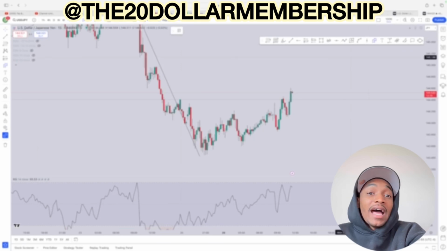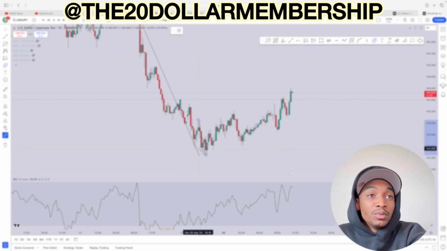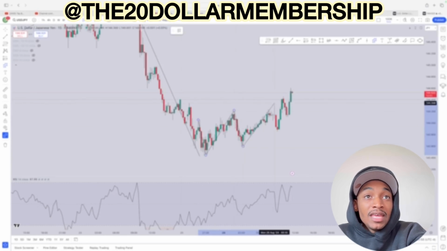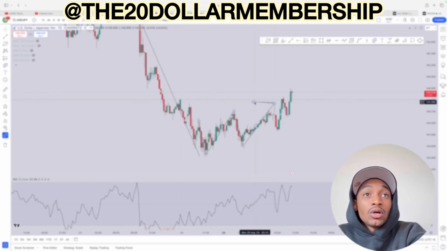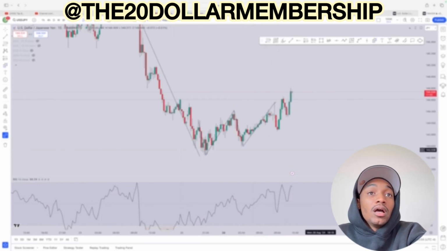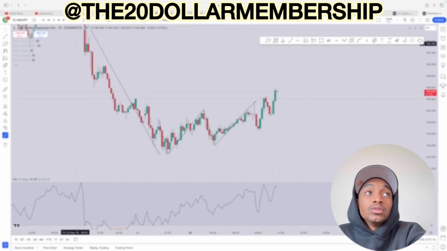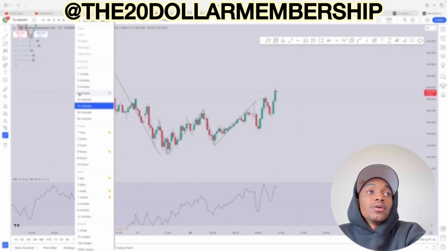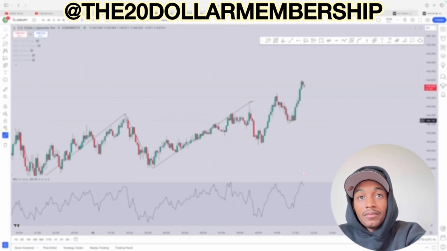Then I saw right here, we had this impulse move down, which broke this structure, followed by a correction, followed by a continuation, and then another impulse. Once I saw this impulse, I was able to zoom in even further on the 5-minute.